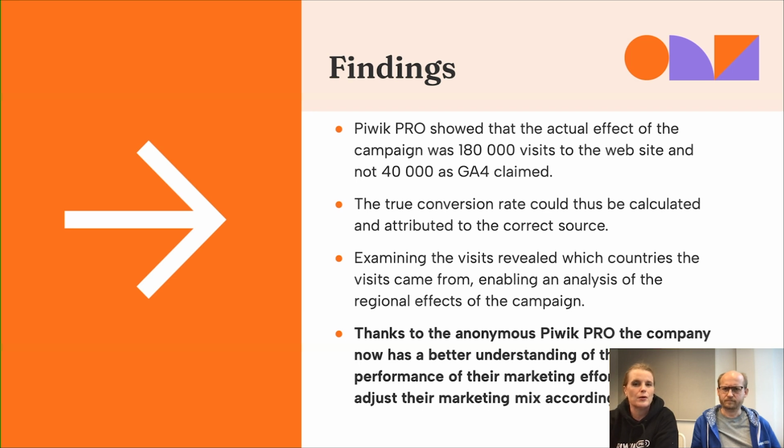But this also enabled us to calculate true conversion rates for the different traffic sources, and also to attribute the correct amount of effect to the correct source. And then, depending on these results, the client was able to alter their mix of how they should be advertising and which kind of effect.